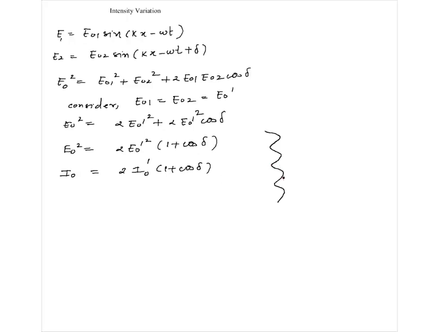So bright, bright, bright, dark, dark, dark. And between bright and dark there will be several situations. Well, we can just call these intensities I and I dash.